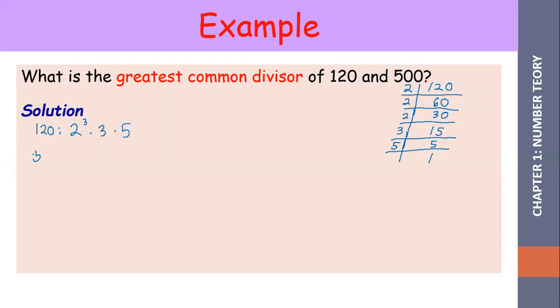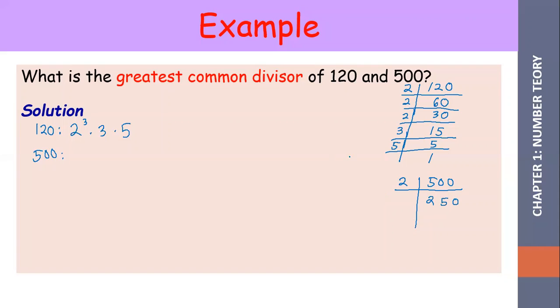Okay, so how about 500? Same, you divide 500 by the smallest prime. 500 can be divided by 2, and can be divided by 5, but the smallest prime is 2. So 250.